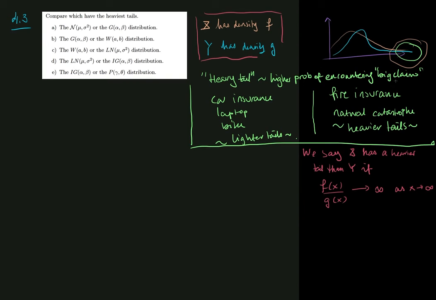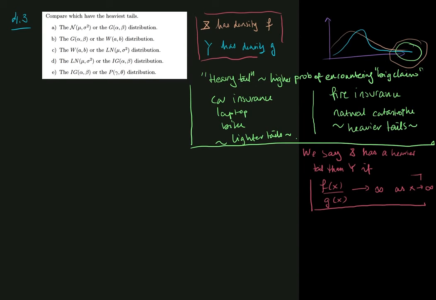So we say that x has a heavier tail than y if, while we're going towards infinity, the density for x is thicker in the tail than the density for y. This is what we also get from the exercise text if you read it.